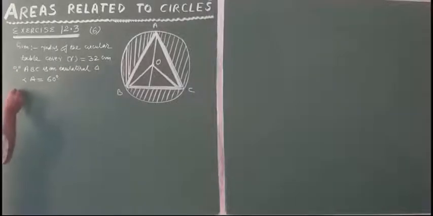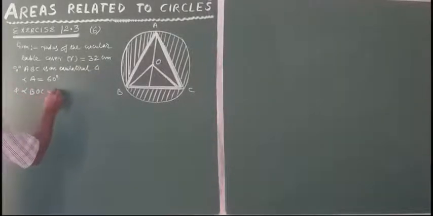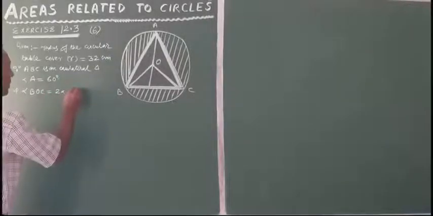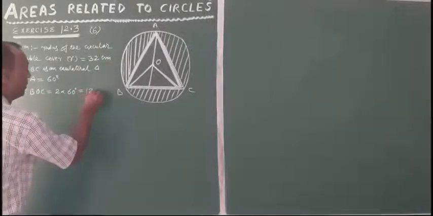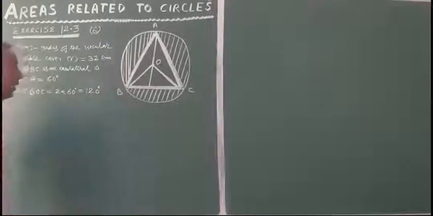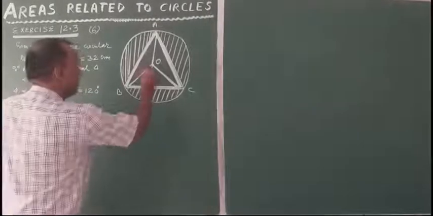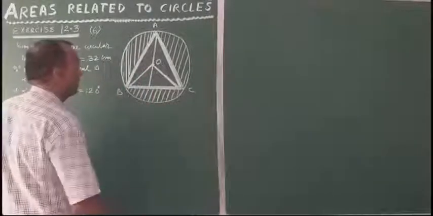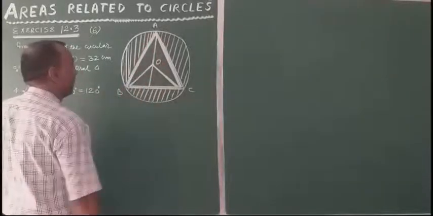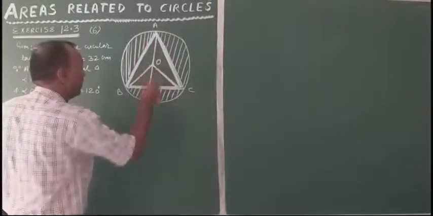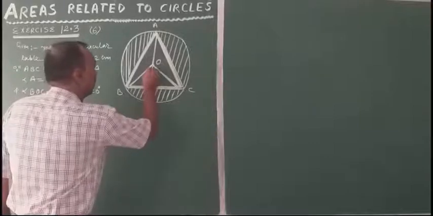And angle BOC will be double of 60 degree, because the angle made by an arc at the center is double the angle subtended at the remaining part. So this angle will be 120 degree.